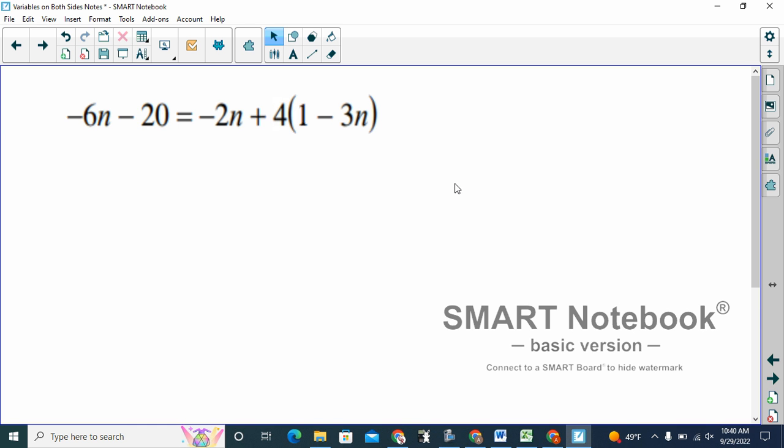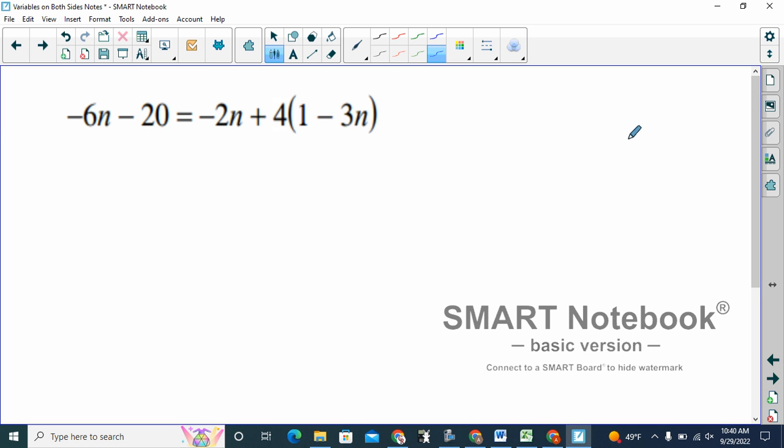It says negative 6n minus 20 equals negative 2n plus 4 times the quantity 1 minus 3n. A lot going on there. It looks super complicated, but let's take it through step by step.